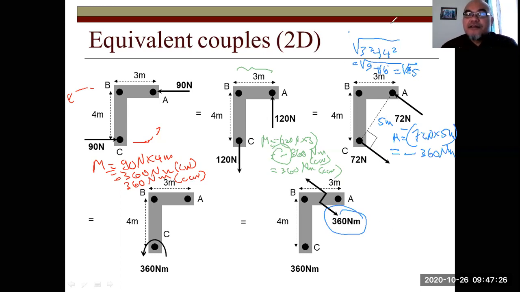Okay, so this shows that all the 5 pictures express the same couple reaction, the same couple reaction.